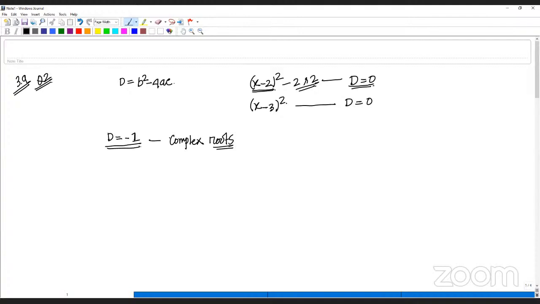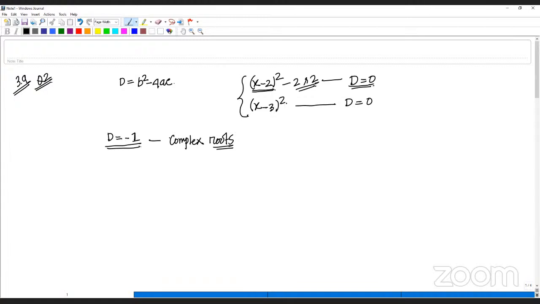The roots of both equations will always be distinct. Incorrect, right? Whatever example we have taken, x minus 2 whole square and x minus 3 whole square, their discriminants are the same, but they have repeated roots. So then option 4 is correct.